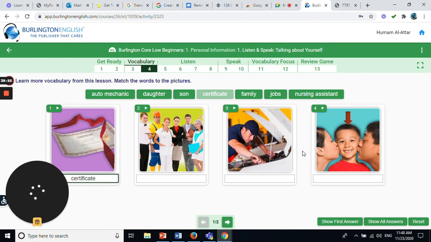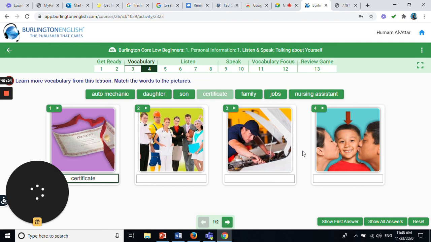The person who works in the hospital and with the doctors, they check our temperature, they check our blood pressure and get some information about our health, at the hospital or at the doctor's office. That's the nurse.